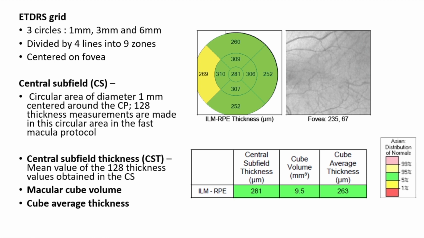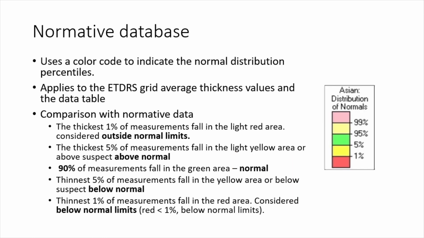The color coding is based on a normative database which is already in the system. It uses a color coding so that we can identify whether these measurements lie in the normal range or they are above or below normal, because it changes with ethnicity. Here we have the Asian distribution normative database with us.